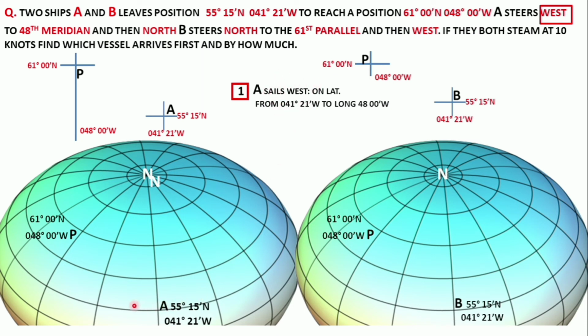when it is going west, that means she is sailing along a parallel of latitude. So she goes from A to the meridian of the port. So the distance she is covering is between the two longitudes, which is the D long. So we can get the D long between the two meridians here, going west along a parallel of latitude, and the distance covered along this would be the departure.